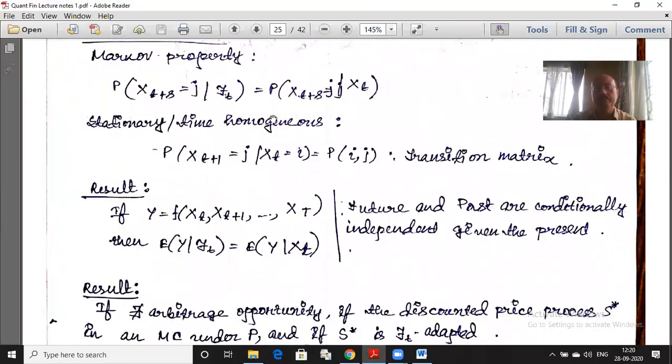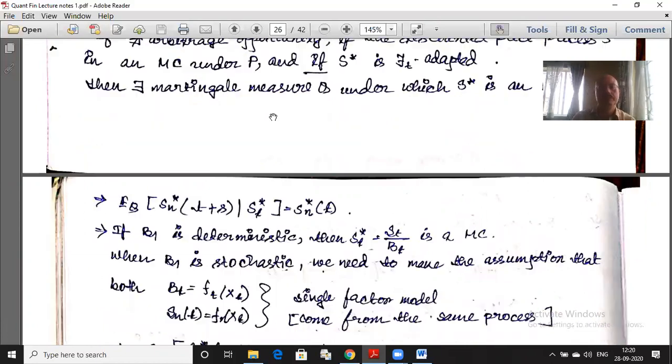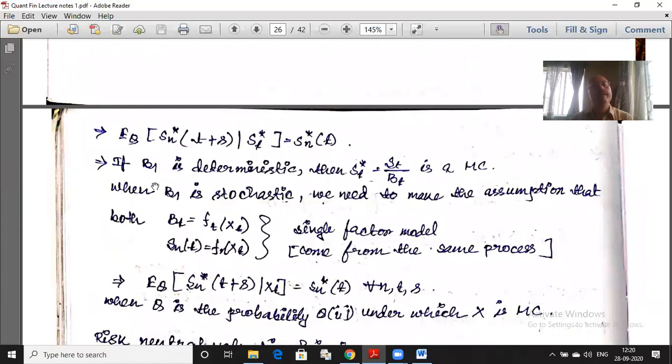That when I have no arbitrage opportunities, then my stock price process Markov property gets transferred. So I can write this expectation under Q in the same manner. If my bank process is deterministic, which we usually assume, then our discounted price is ST by BT. So BT I can take out of my expectation.